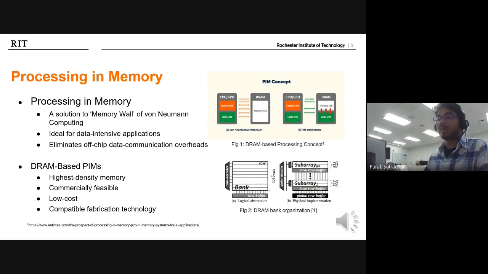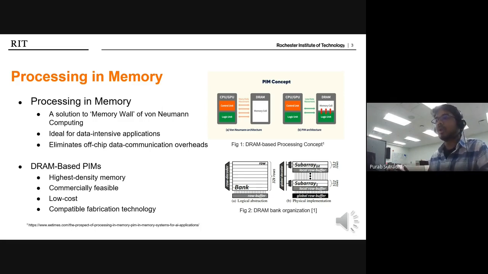And to overcome the memory bottleneck, most CPUs have cache, multiple layers or hierarchies of cache. However, when it comes to data intensive applications with very repetitive memory access, for example, transformers and other machine learning applications, the traditional processing architecture is not good enough because there is a huge amount of loss in energy from these data movements.